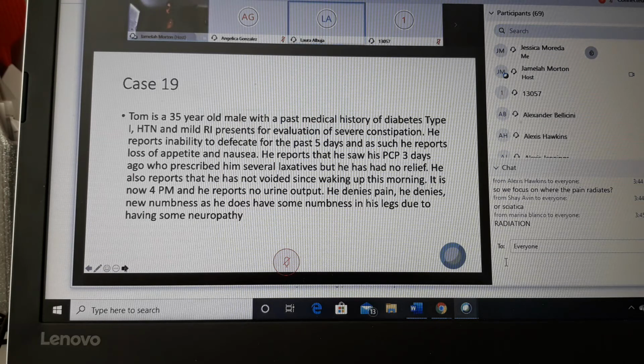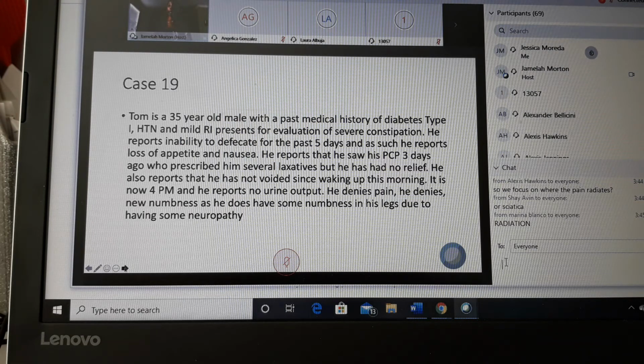Yeah, and then a couple questions. So we focus on where the pain radiates, and the other symptoms associated with it. When I see a patient that comes in with back pain, I'm gonna ask them, when did the pain start? Where is the pain? Does it radiate to the legs? If it radiates to the legs, where in the legs is the pain?